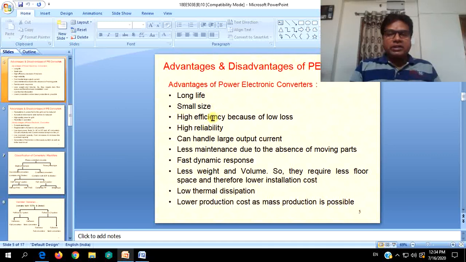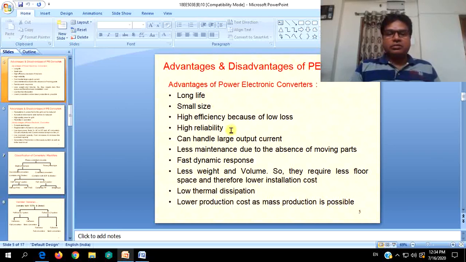Again, efficiency will be high because of low loss. No core losses, no magnetic losses, no copper losses as such. So high efficiency will be there. High reliability, again, most important point. They can be reliably operated for longer duration and whenever wanted at very high frequencies.